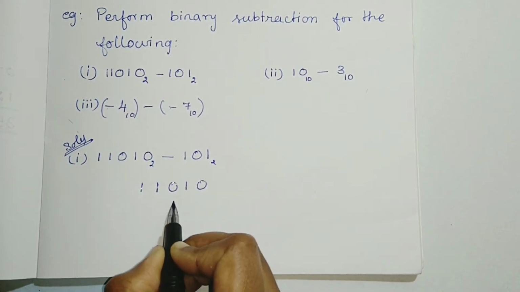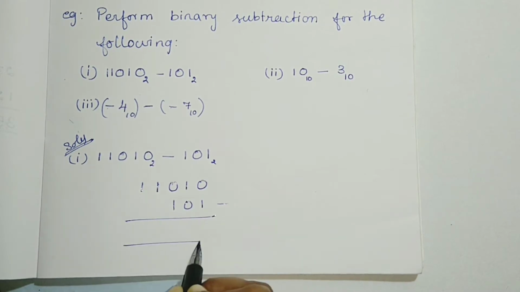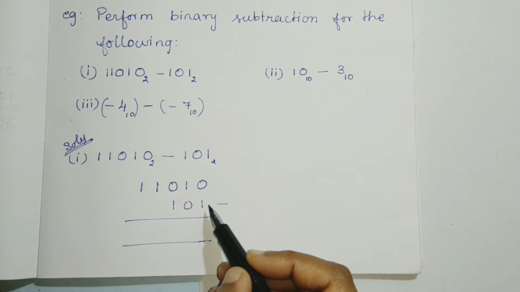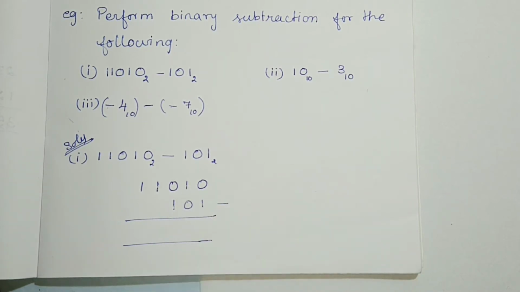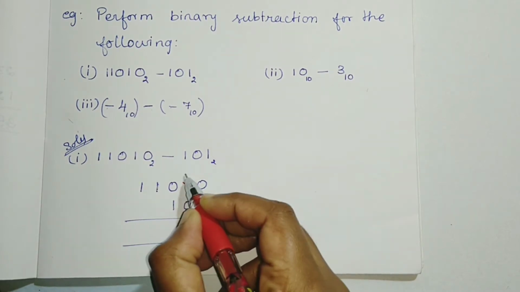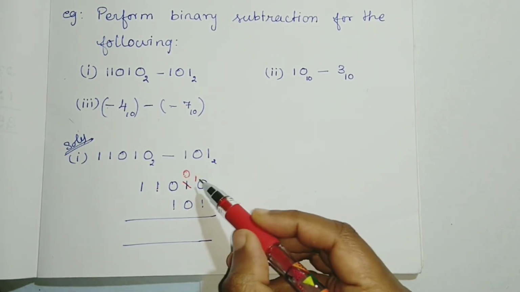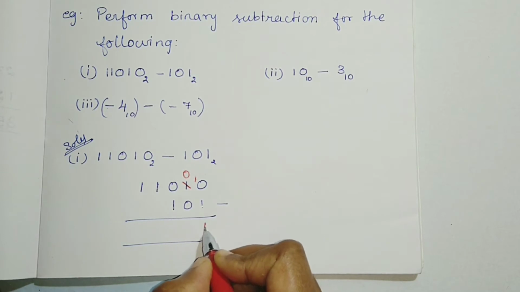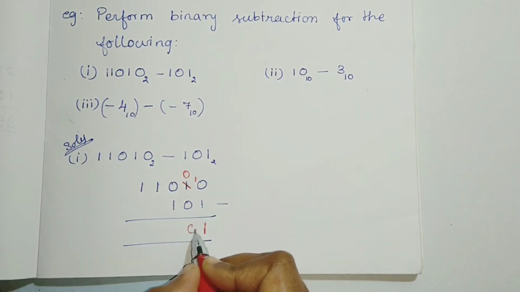11010 minus 101. You have to do subtraction for these two binary numbers. First we have 0 minus 1, which is not possible. You have to borrow 1 from the nearest bit. Strike out this 1 and replace it with 0, and write the 1 to the least significant bit. It is 10. 10 means 2. 2 minus 1 is 1. And next is 0 minus 0, which is 0.